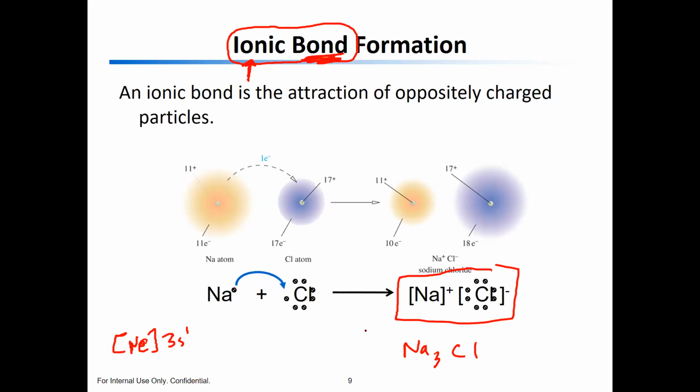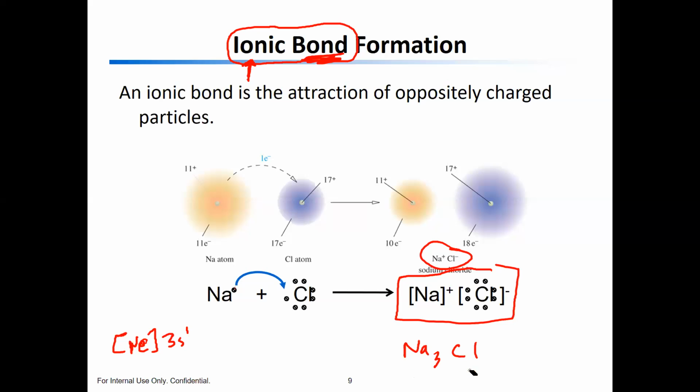Why is that? It's because chlorine only needs 1 more electron to get to 8. Sodium just needs to give away 1 electron to get to 8. So this one loses 1, this one gains 1. So it's a perfect combination of sodium chloride. It's not going to be sodium trichloride or trisodium, three of this and 1 of that.